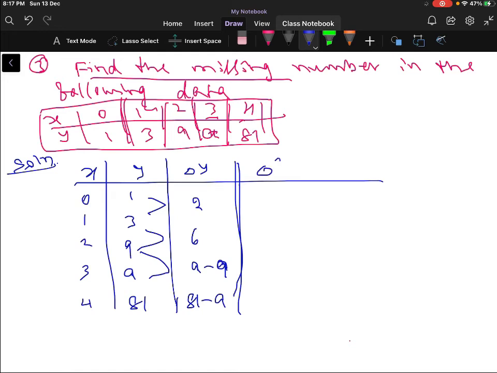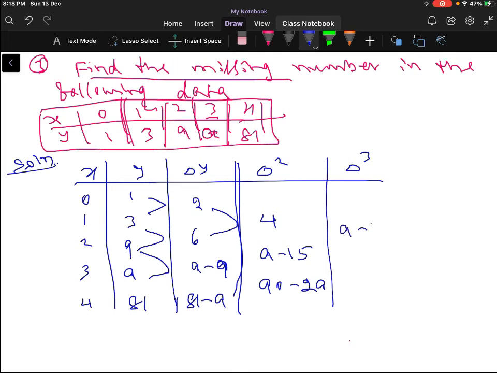So these are the first forward differences. Let us calculate delta square. 6 minus 2 is 4, a minus 9 minus 6 is a minus 15, 81 minus a minus a minus 9, that is 81 plus 9, that is 90, minus 2a. Let us calculate delta cube.